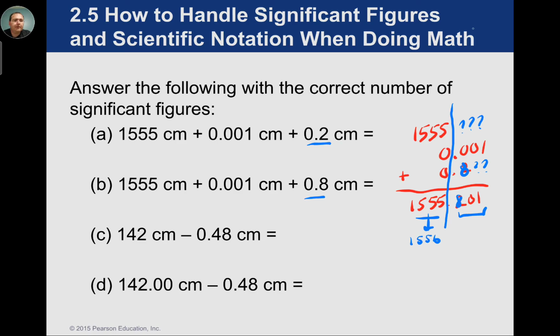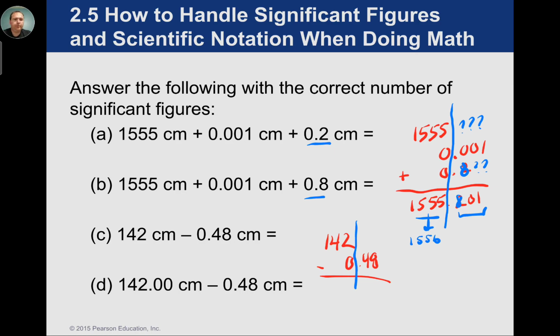As you look at the lower choices, we have 142. We're subtracting 0.48. And when we do that, we're going to worry about where those numbers run out. And that's, again, the ones place for this example.